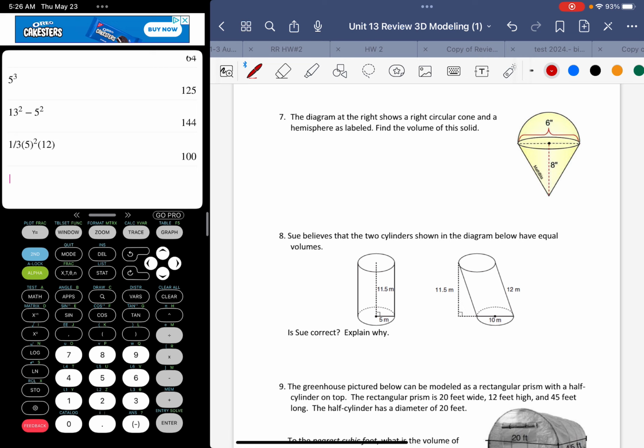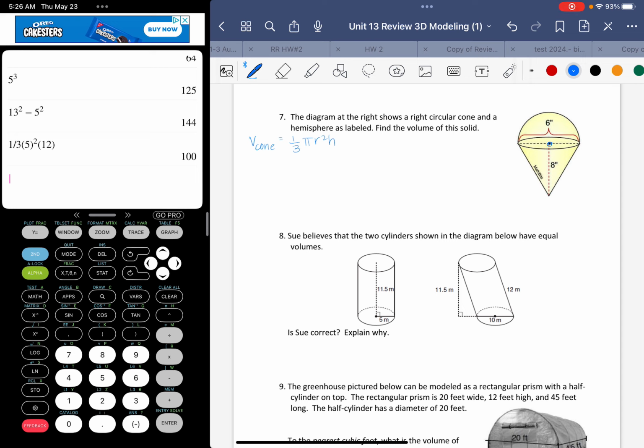All right, so number 7, we have a composite figure over here. The diagram at the right shows a right circular cone and a hemisphere. Find the volume of this solid. So I'm going to start with the volume of the cone. The formula for that on the reference sheet, 1/3 pi r squared h.